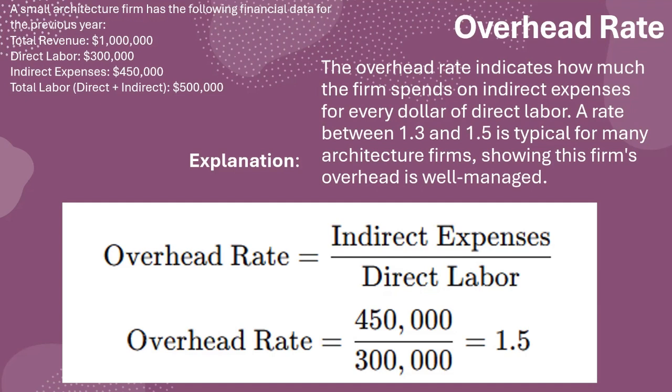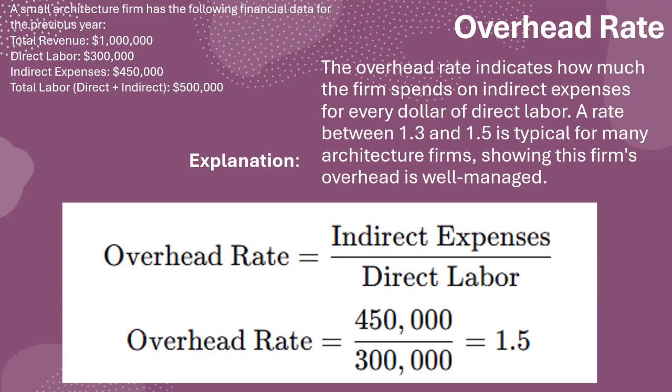The overhead rate indicates how much the firm spends on indirect expenses for every dollar of direct labor. To calculate that, we need to divide indirect expenses by direct labor. And at your exam, you will be able to look at the question because it will be right in front of you on the screen.